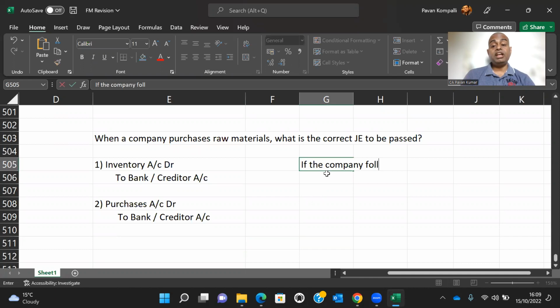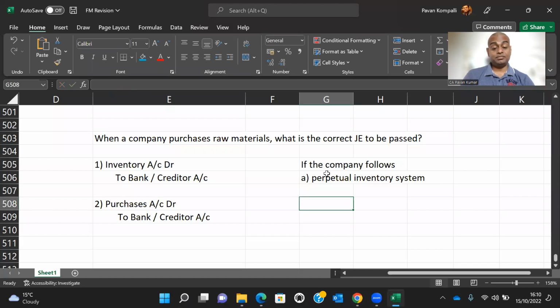If the company follows the perpetual inventory system, then 1 is right. If the company follows the year-end inventory system, 2 is right.